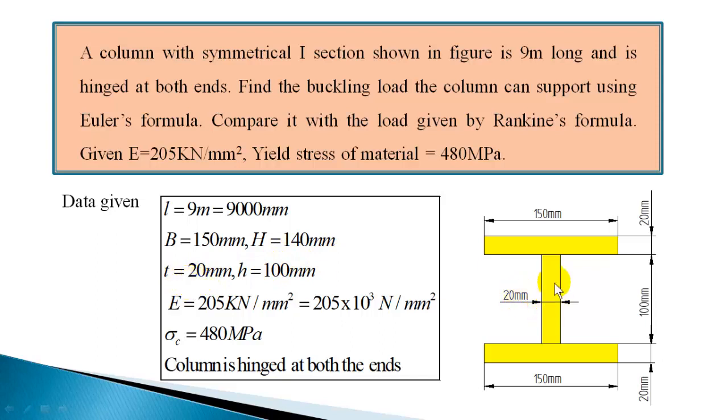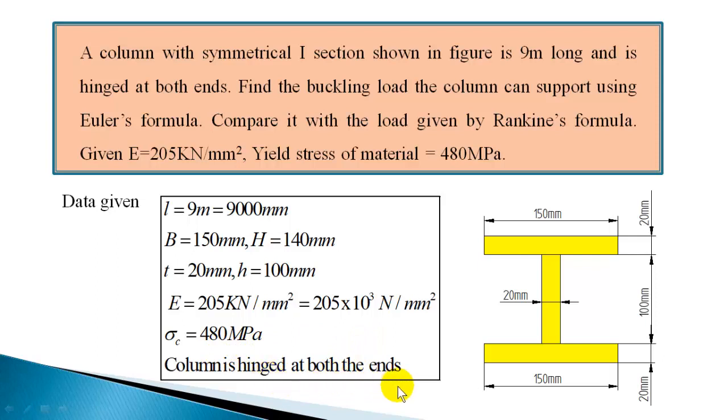Thickness everywhere, web or flange, is 20 mm, and small h I used for the height between the flanges, so that is 100 mm. Now Young's modulus is 205 kilonewton per mm square, so 205 into 10 raised to 3 Newton per mm square. Sigma C is given as 480 megapascal. It's the yield stress, 480 megapascal.